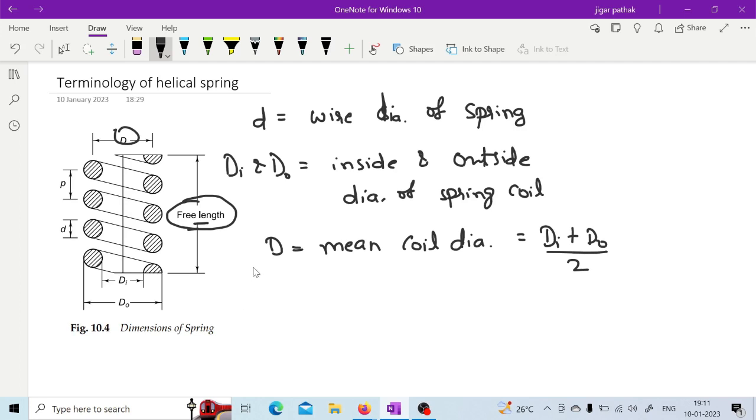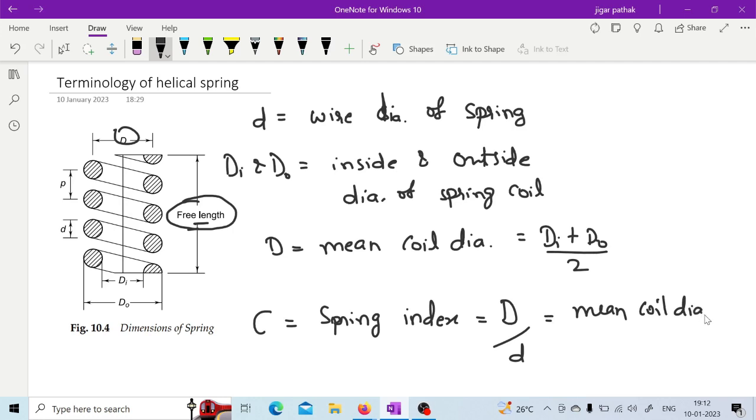So these are some of the basic terms related to the helical spring. And when we discuss helical springs, one important term defined is this C, which is also known as the spring index, which is given by capital D by small d. We have defined capital D as the mean coil diameter and small d as the wire diameter of the spring.